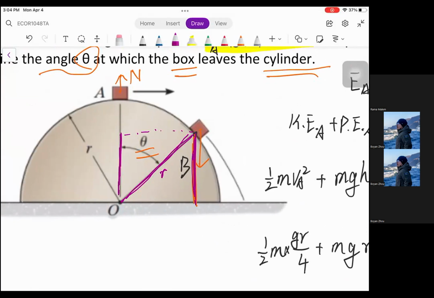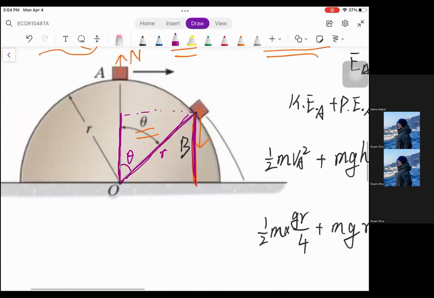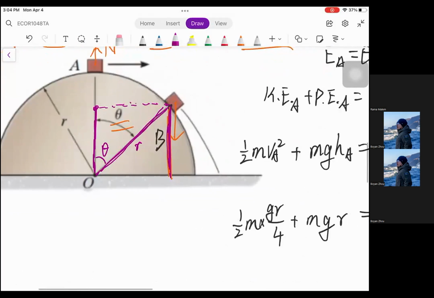We're looking for this one, and we know this is the angle theta. So now we have a triangle, and to find one side of the triangle, we just use cosine theta in this case. So HB is equal to R cosine theta.